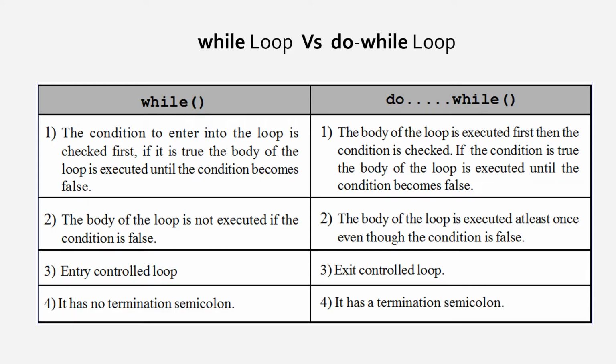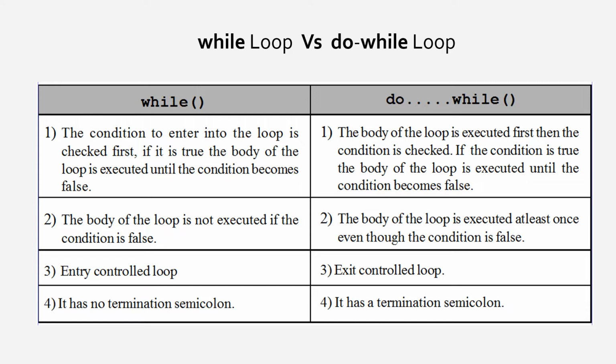Now let's discuss the differences between the while loop and the do while loop. In the case of the while loop, the condition to enter into the loop is checked first. If it is true, the body of the loop is executed until the condition becomes false. Whereas in the case of the do while loop, the body of the loop is executed first, then the condition is checked.